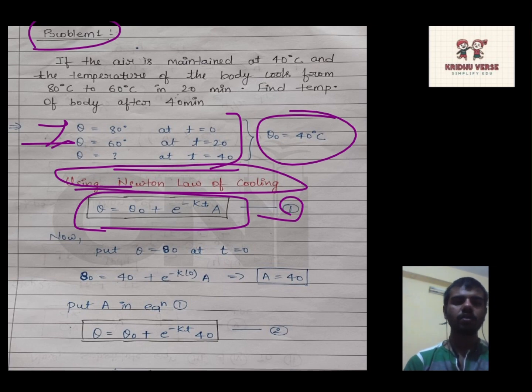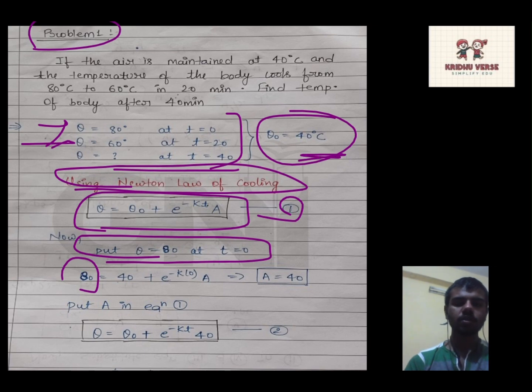Firstly, we apply here theta equal to 80 degrees at t equal to 0. So we put theta equal to 80 at t equal to 0. 80 equal to 40 plus, 40 means theta naught, we know already.